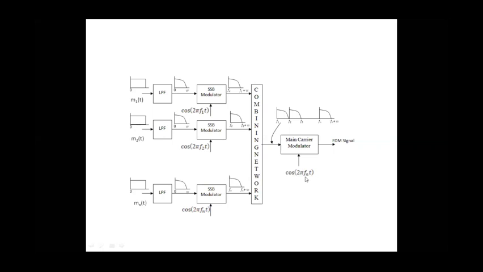This is Fc, some higher frequency compared to all these. After modulating this FDM signal over a main carrier frequency, we will get an FDM RF signal.